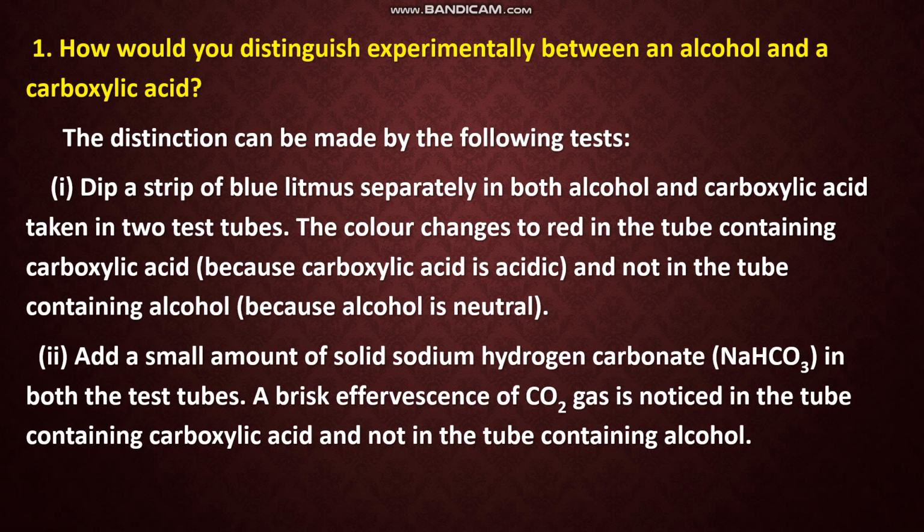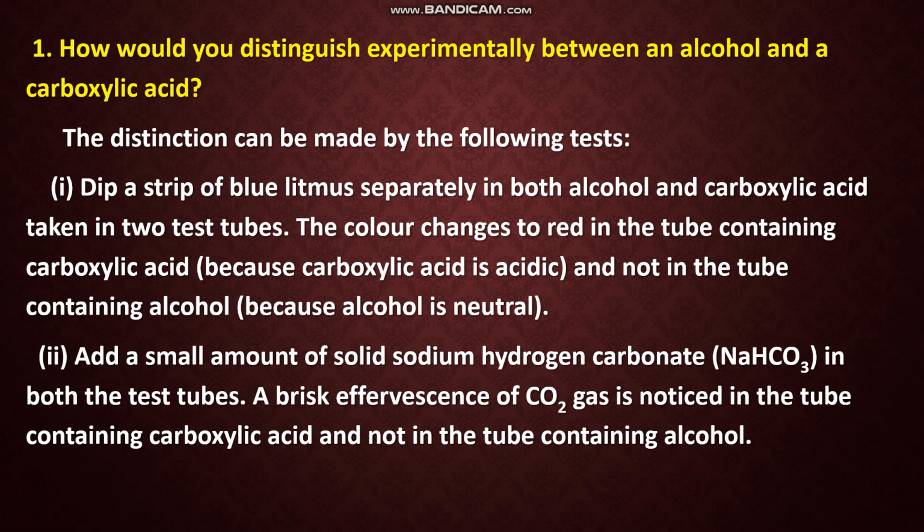So the first test, dip a strip of blue litmus separately in both alcohol and carboxylic acid taken in two test tubes. The color changes to red in the tube containing carboxylic acid. What is the reason? Because carboxylic acid is acidic. The color does not change in the tube containing alcohol.